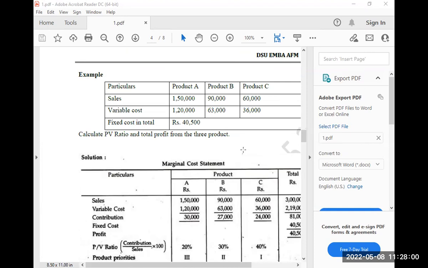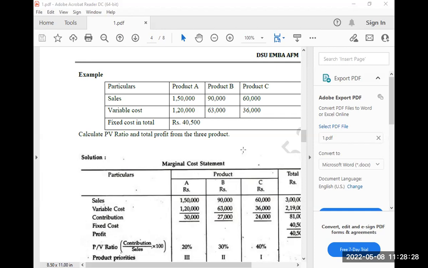You'll get 30%. Calculate the PV ratio for product C. It need not be in this same table because it's asked only PV ratio. You can just do it in statement form, no problem. 60 minus 36, that's equal to 24. 24 by 60 is equal to 40%.